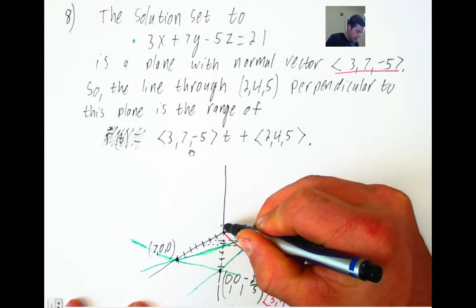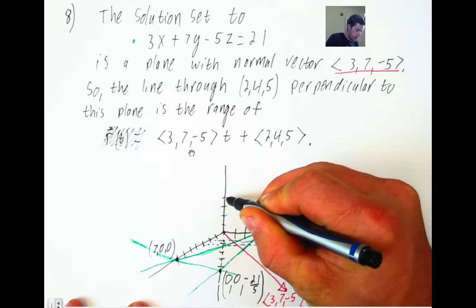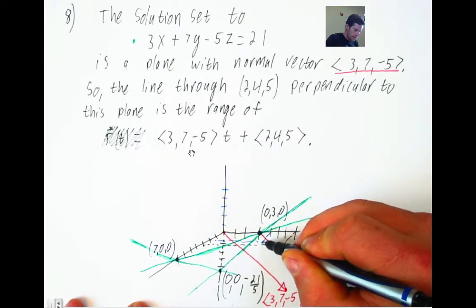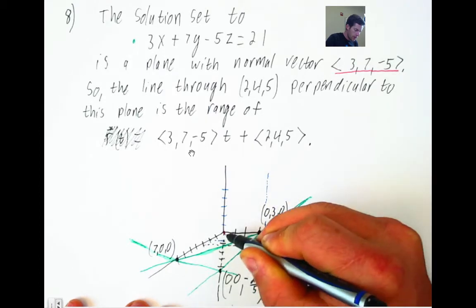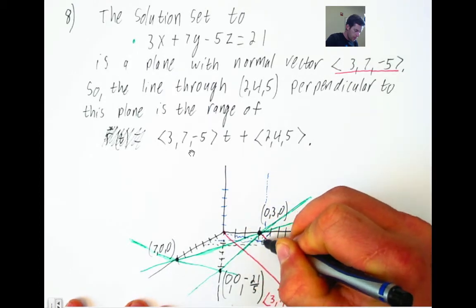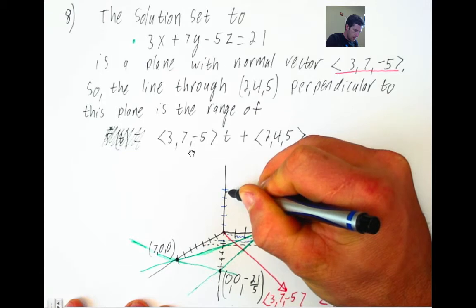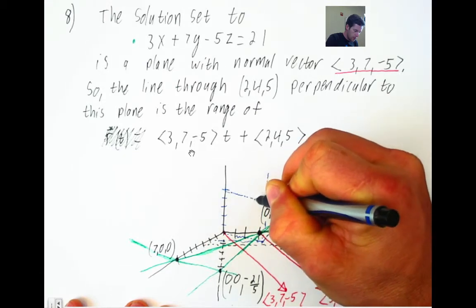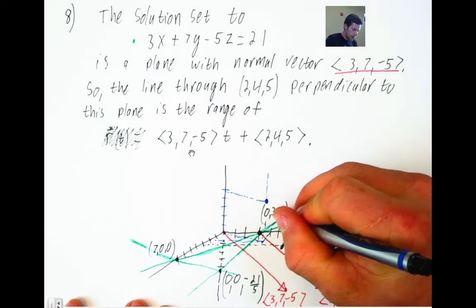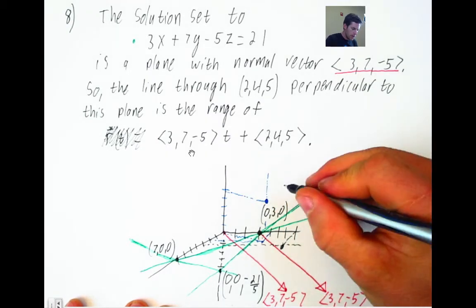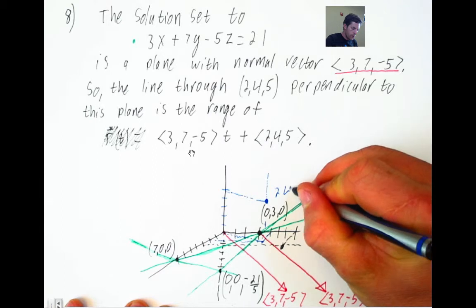I'm going to go up to 5. 1, 2, 3, 4, 5. Now somewhere up here, I need to draw a point, and that will be obtained by drawing a line parallel to that one. That puts me about over here. And good thing I used blue, because I'm very close to that label 0, 3, 0. This will be the point 2, 4, 5.